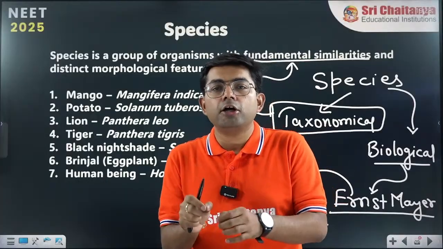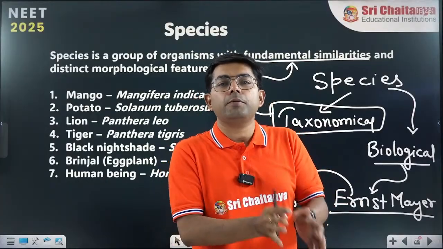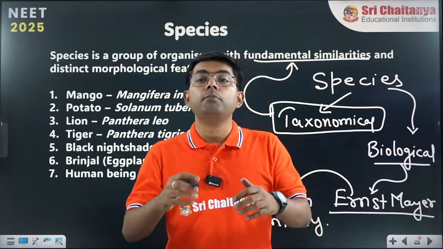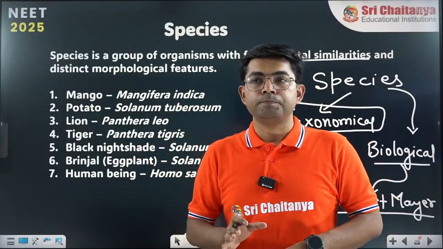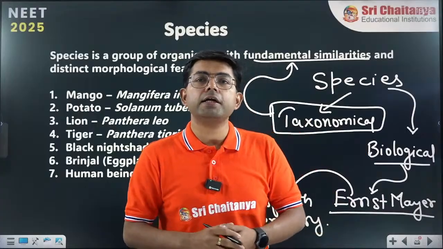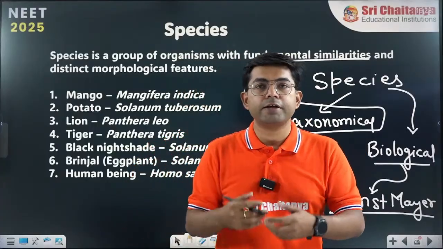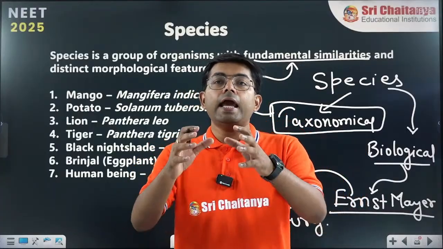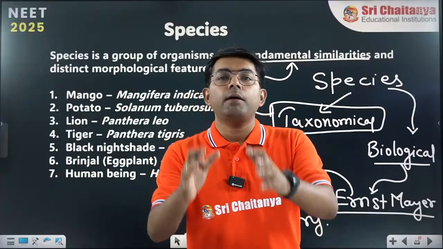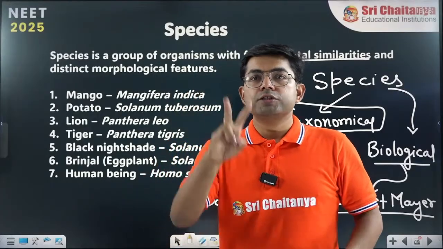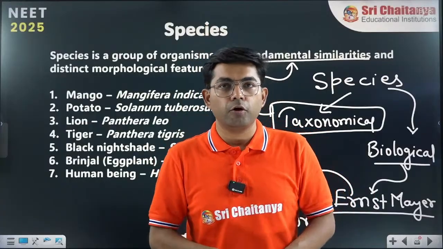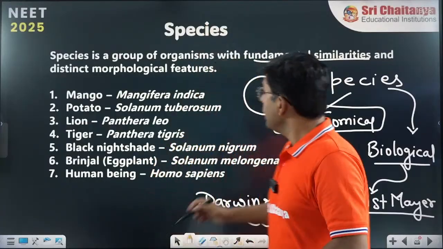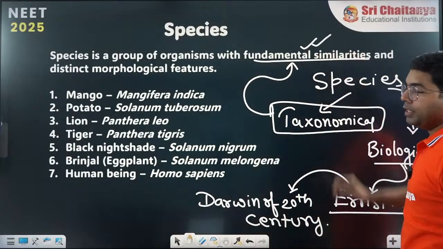Is it a biological definition or a taxonomical definition? It is a biological definition given by Ernst Mayr. The taxonomical definition says that they have basic fundamental similarity. So similarity between two of the same species will be maximum, obviously.